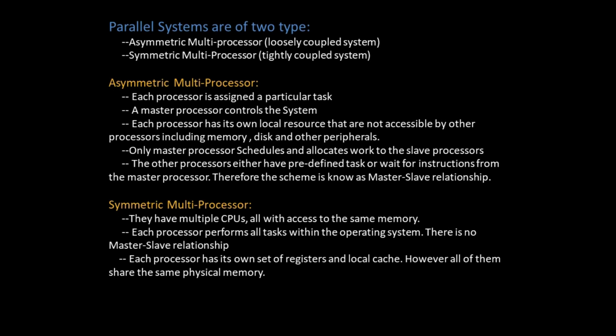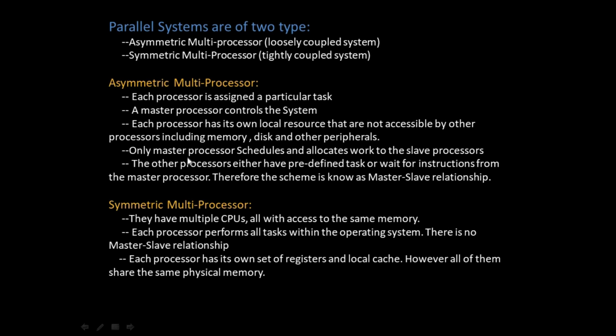Asymmetric multiprocessor. In asymmetric multiprocessor, each processor is assigned a particular task. Also, a master processor controls the system. Another characteristic of an asymmetric processor is that each processor has its own local resources that are not accessible by other processors, including memory, disks, and other peripherals.